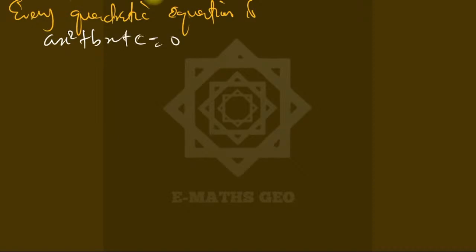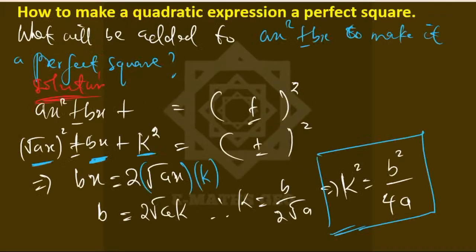Now let's solve. We are looking for x. Now, if you could remember, we'll make the quadratic expression a perfect square. So let's make it to be only a quadratic expression by moving c to the other side. It becomes minus c. Remember, check. What will be a quadratic expression? Check. What will be added to something like this? This is the quadratic expression. So that's what I'm doing now.